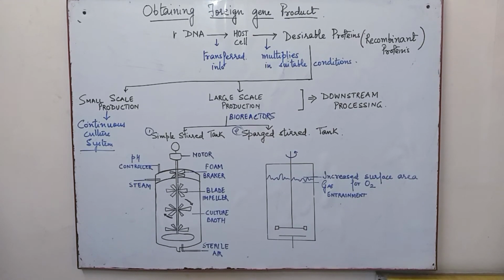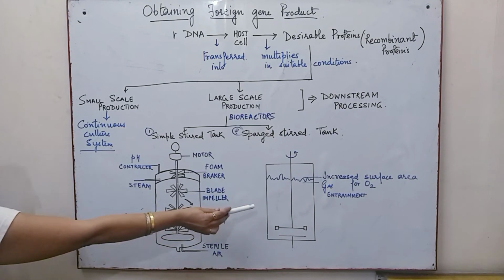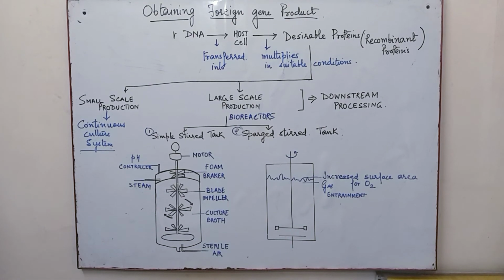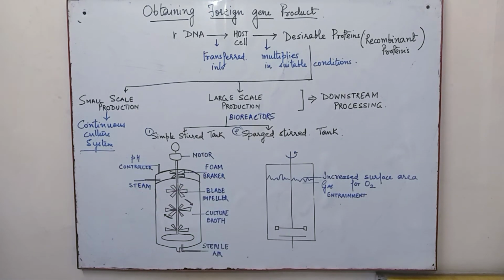Now when we talk of the two bioreactors, there are two differences, that is the surface area and the oxygen levels. In the sparged stirred bioreactor, the vessel is broader. If we see comparatively, the vessel is broader and flat from the bottom. Oxygen is bubbled into the system, and over here we can see the oxygen in the upper part. So this increases the oxygen transfer area, and the shape provides increased surface area for O2 transfer.